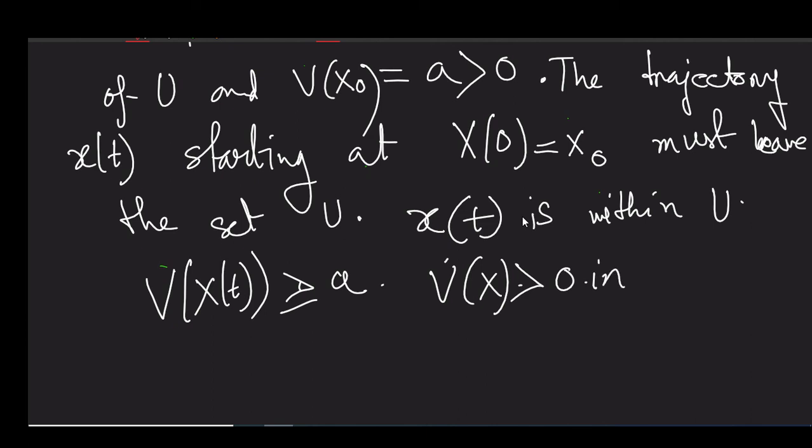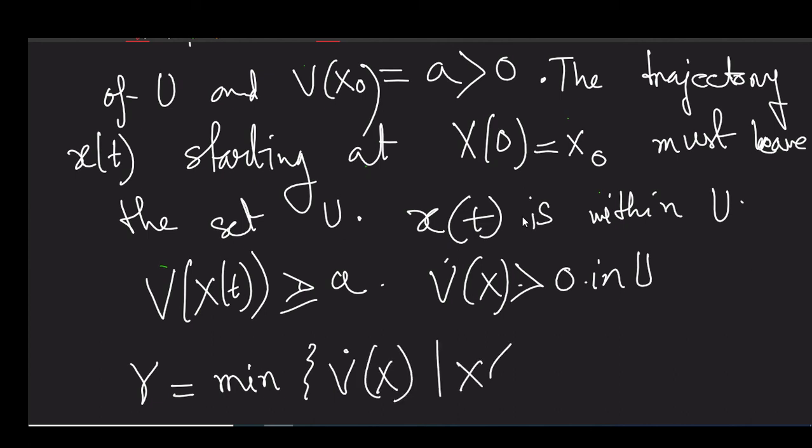in our region U, so what we can do is figure out gamma, which is equal to the minimum value of V dot x such that x belongs to U and V(x) is greater than or equal to a, right?